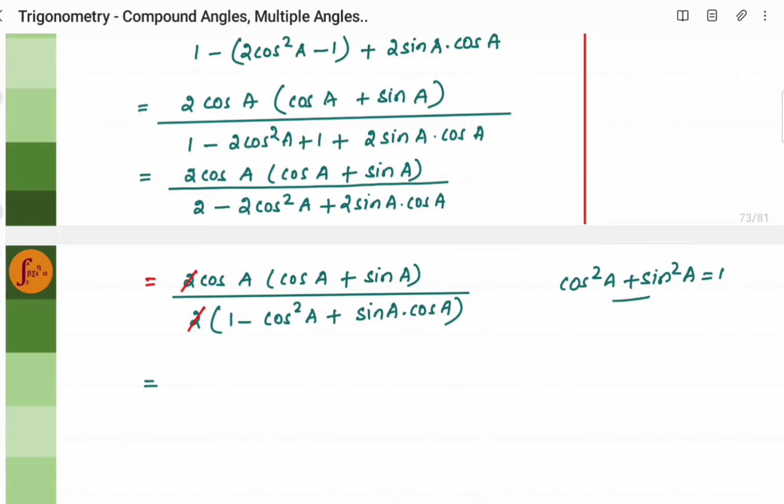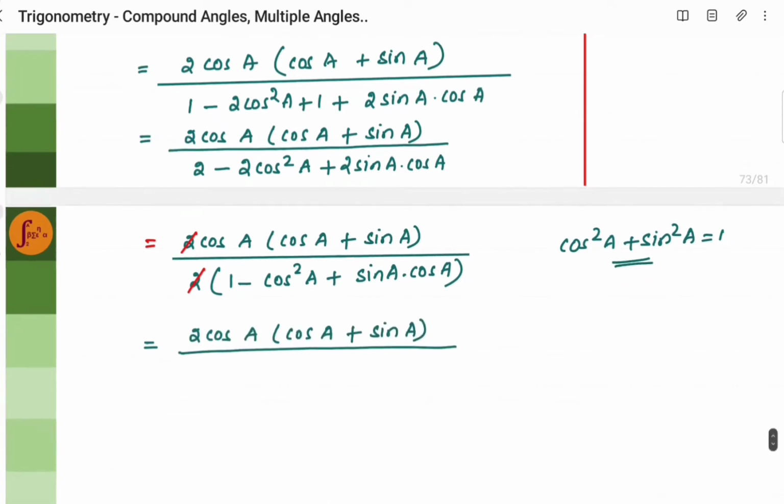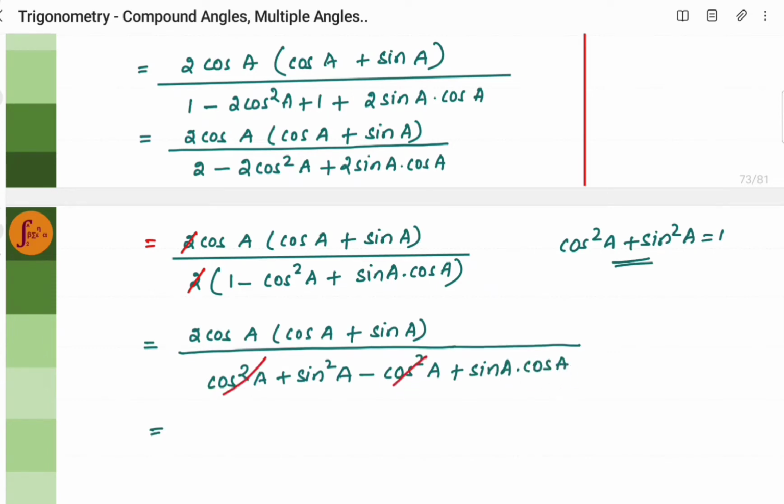We can use this trigonometric formula and put it here. So instead of 1, I'll put cos square a plus sin square a, and then copy the rest, which is minus cos square a plus sin a into cos a. Minus cos square a and cos square a will get cancelled. We are left with these two terms.